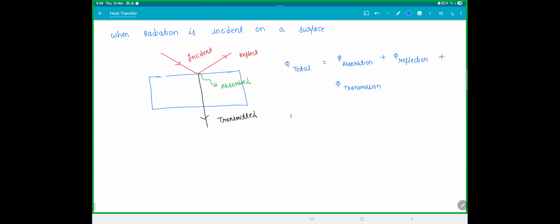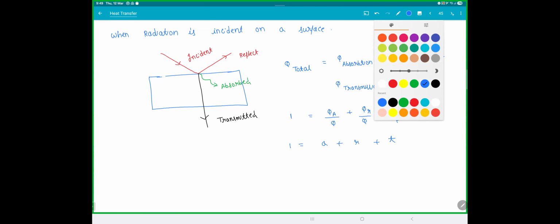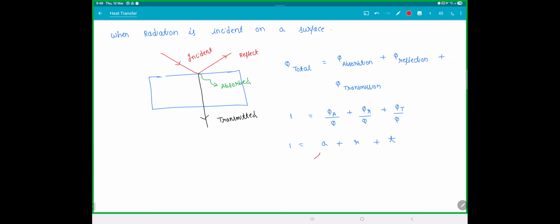If you divide Q absorption by Q total, Q reflection by Q total, Q transmission by Q total, that sum is 1. So this is written as A plus R plus T equals 1. Here A is called the coefficient of absorption.